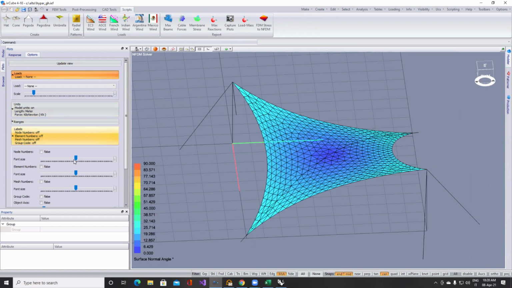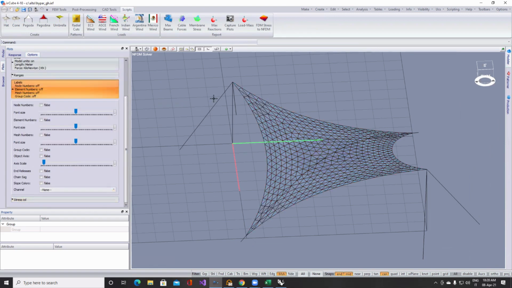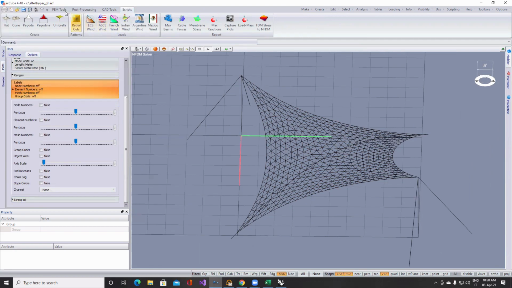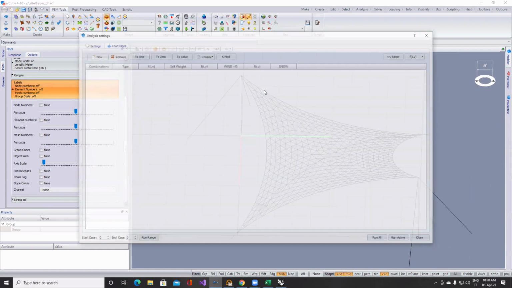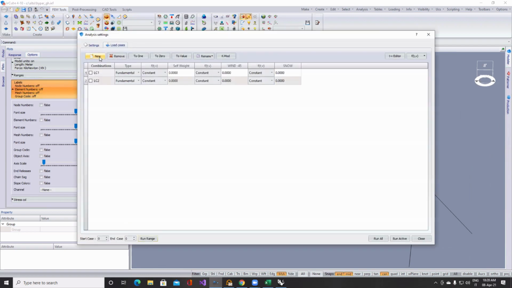Okay, let's take off this slope color. Now it's time to run the analysis. We make different load scenarios and rename these to ELS.